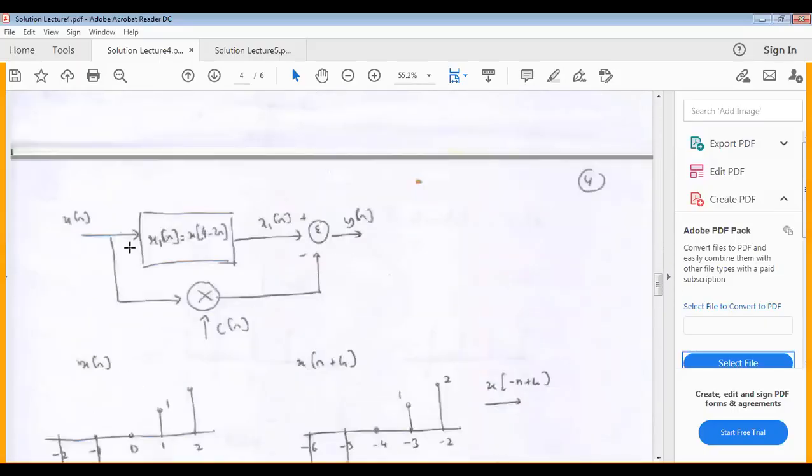Okay, so this is the figure that has been resketched here. The x[n], as you recall just now, equals n between -2 and +2.